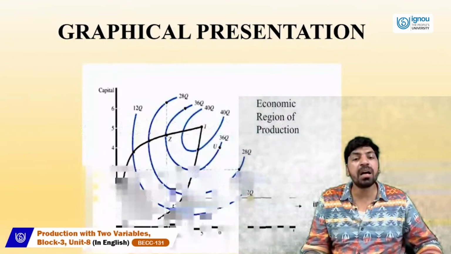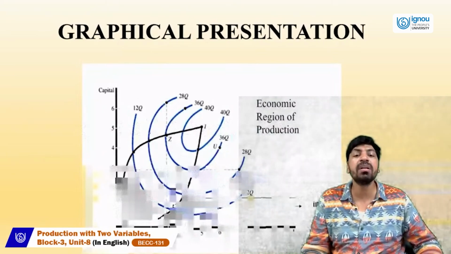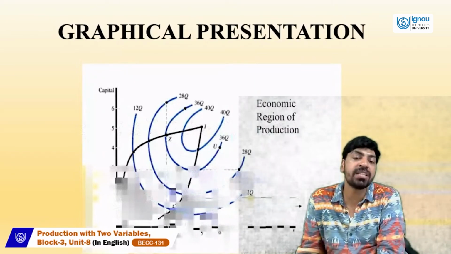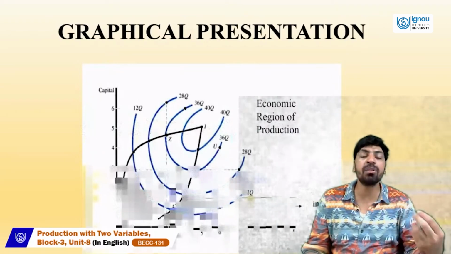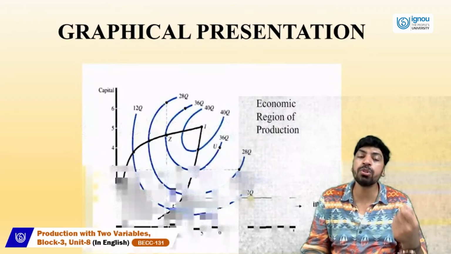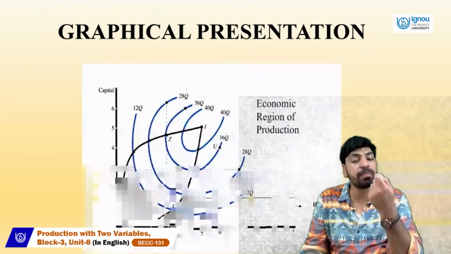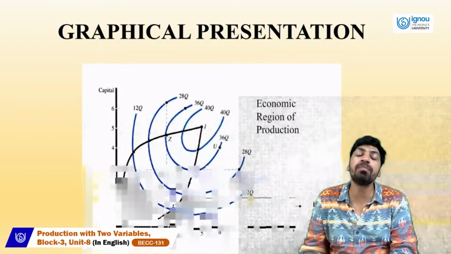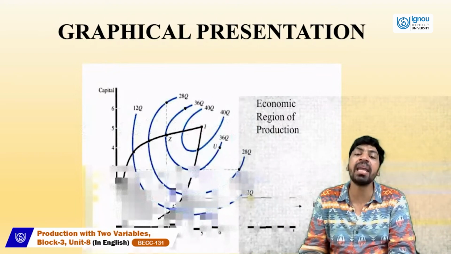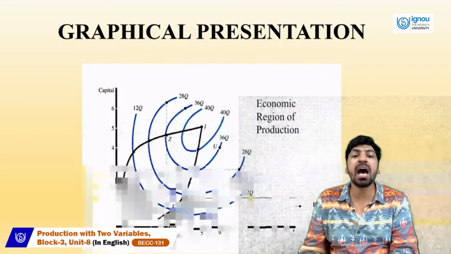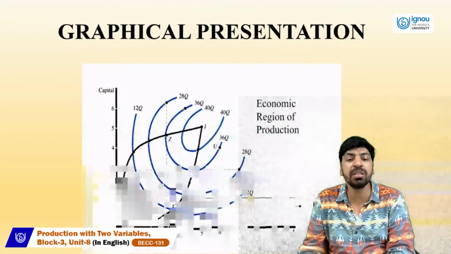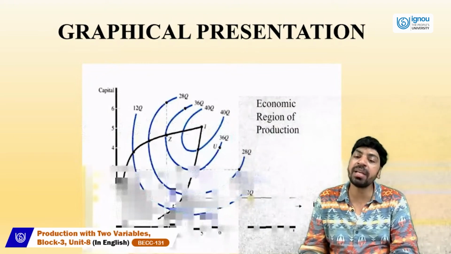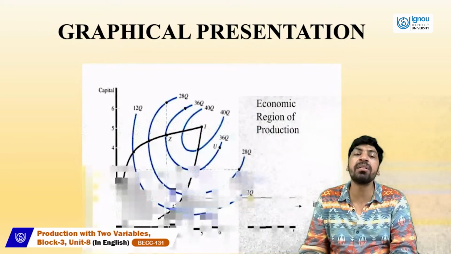If you look at the curve, the ridge lines cut the 36 isoquant curve, and the points Z, Y, and U, and of course I, have been drawn because that particular curve shows a more negatively sloped portion. This is the portion which refers to the economic region of production, where labor is measured on the x-axis and capital on the y-axis.